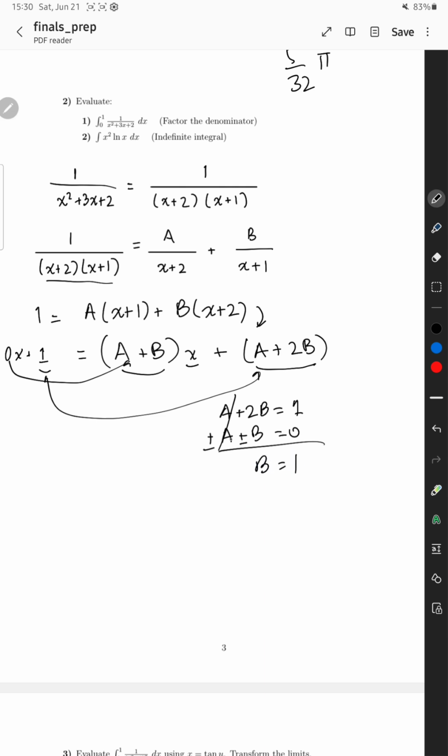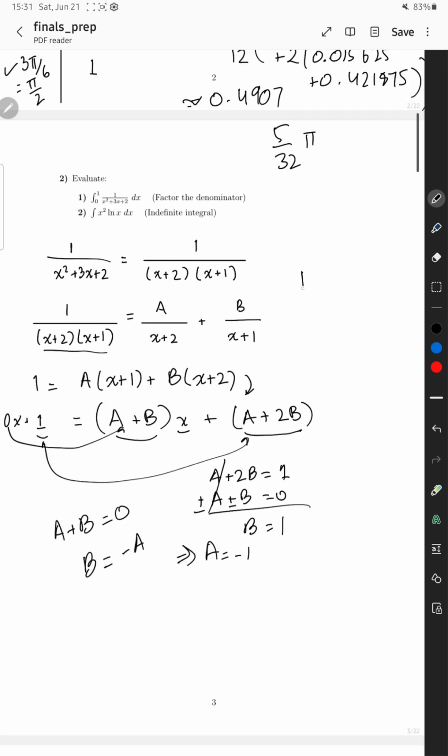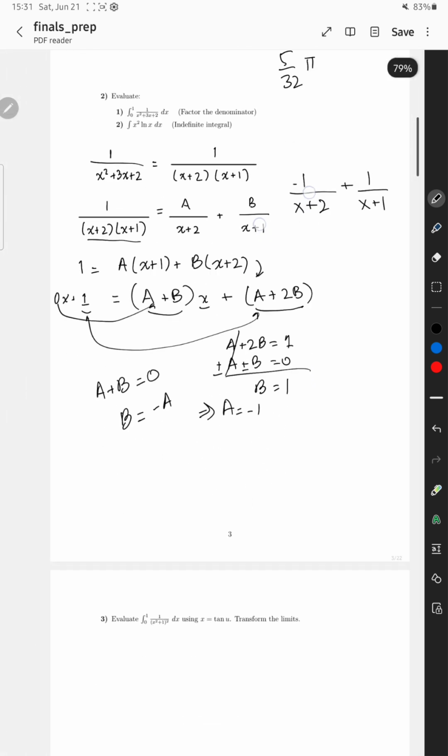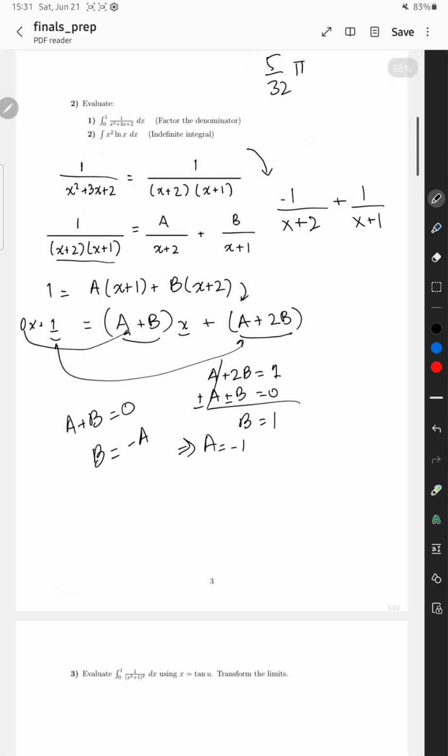So b equals 1, and also a plus b was equal to 0, so b equals minus a. This implies that a equals minus 1. So you can just work that out, and you can just plug in those values here: minus 1 over x plus 2, plus 1 over x plus 1. Now you can simply take the integral. That's it. So you take the integral.